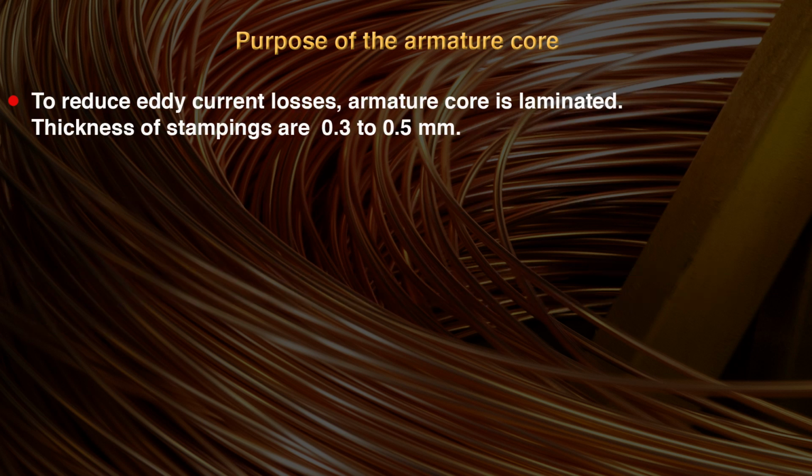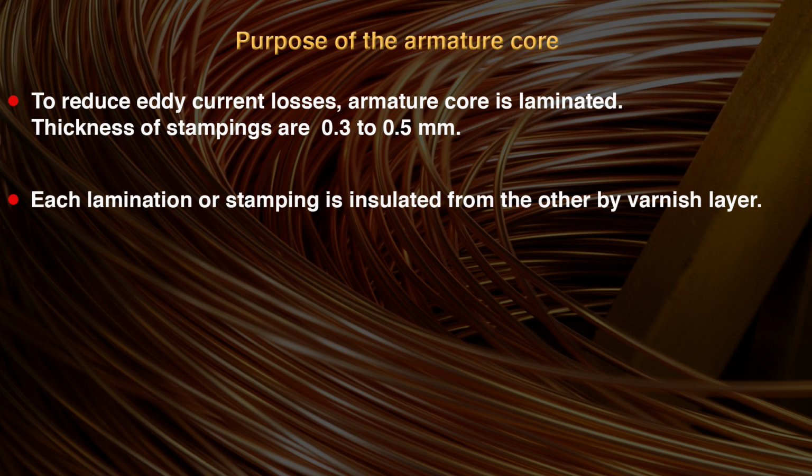So to reduce these losses, the armature core is laminated; in other words, about 0.3 to 0.5 mm thick stampings are used for its construction to reduce the eddy current losses. Each lamination or stamping is insulated from the others by a varnish layer.